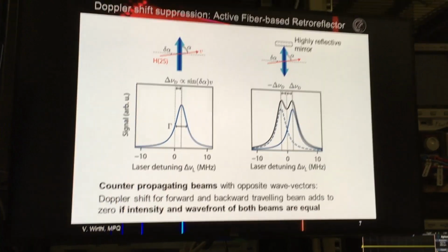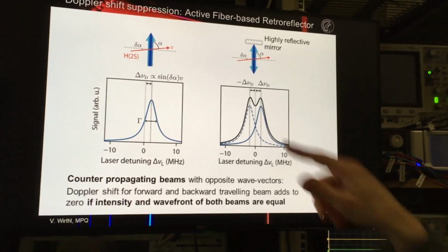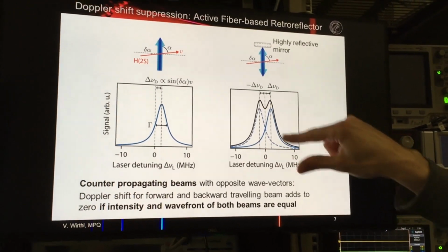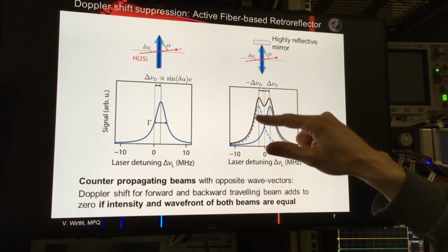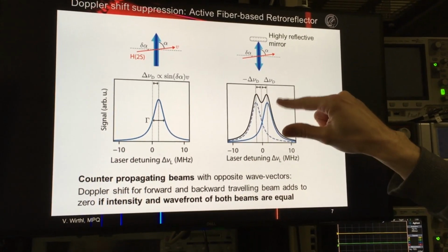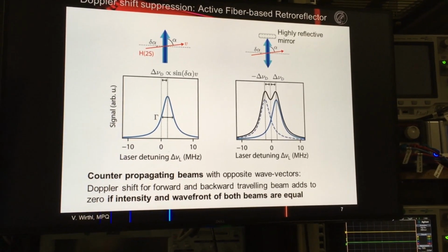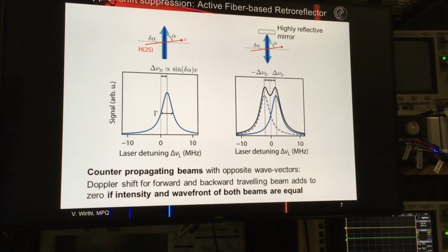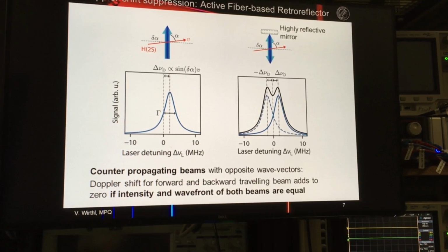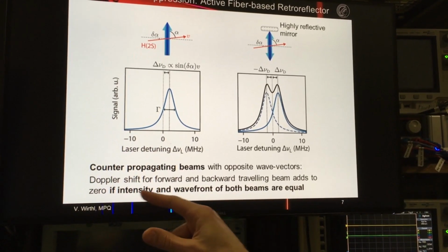So in total, the Doppler shift cancels. Of course, here the whole situation is exaggerated. In practice, you wouldn't see this double resonance structure.